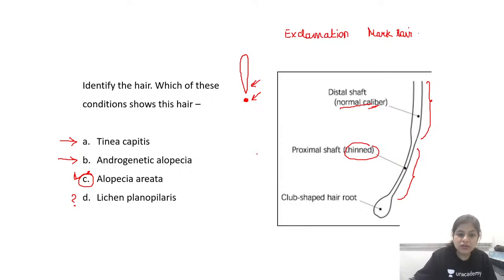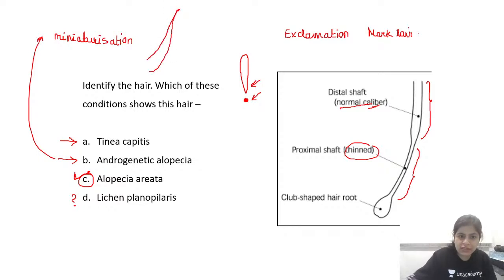Okay, in androgenetic alopecia, you do not have just the proximal thinning of the hair. You have generalized thinning of the hair. So basically, what you will have in androgenetic alopecia is miniaturization. What is miniaturization? The hair which was thick, dark and deeply rooted in the scalp converts into a hair which is thinner, weaker and more superficially located in the scalp.